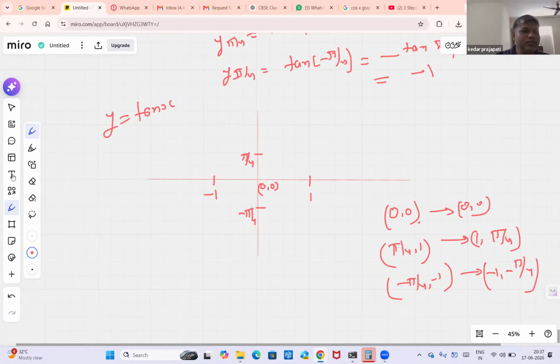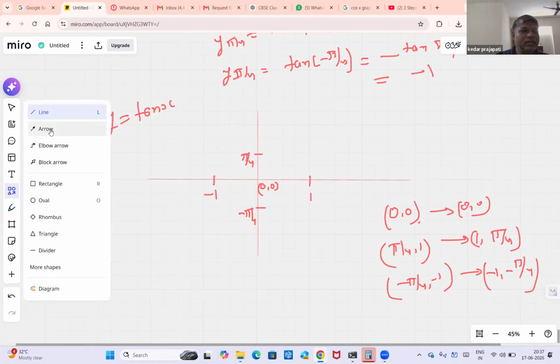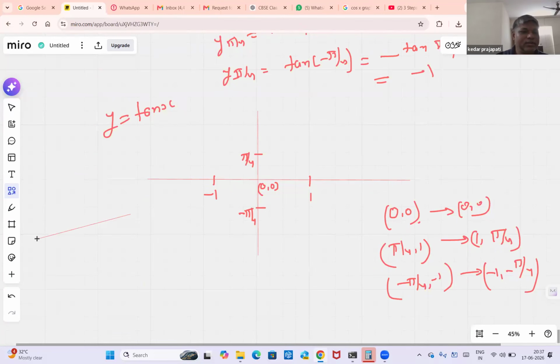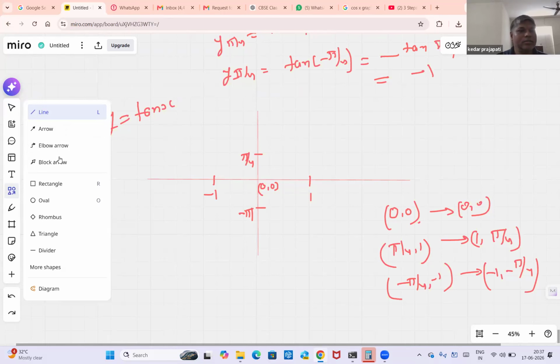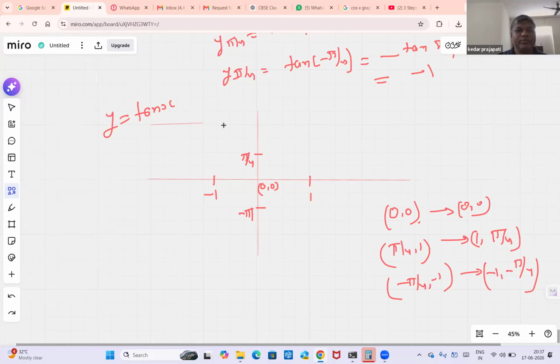We will draw a line. Our maximum should be at pi by 2, and minimum should also be minus pi by 2.